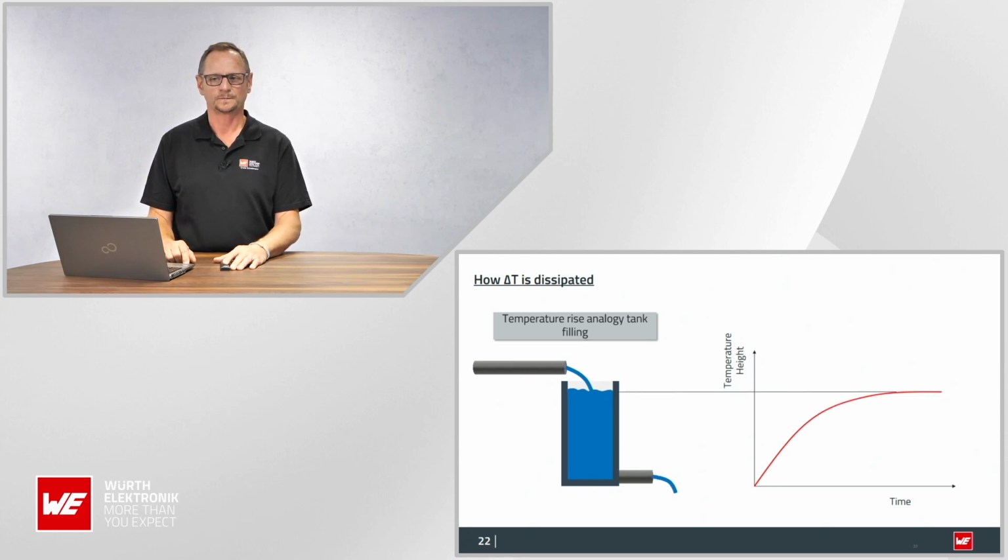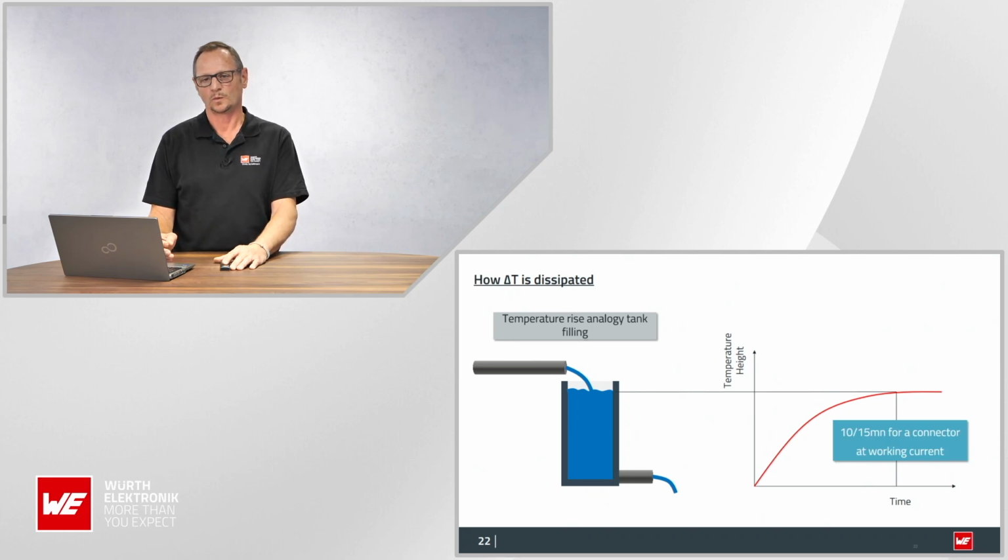And at the end the curve is flattened, and the ideal or balanced state is when the amount of incoming energy is the same as the outgoing energy, and so the system is balanced and stable. You should achieve this within a time of 10 to 15 minutes.